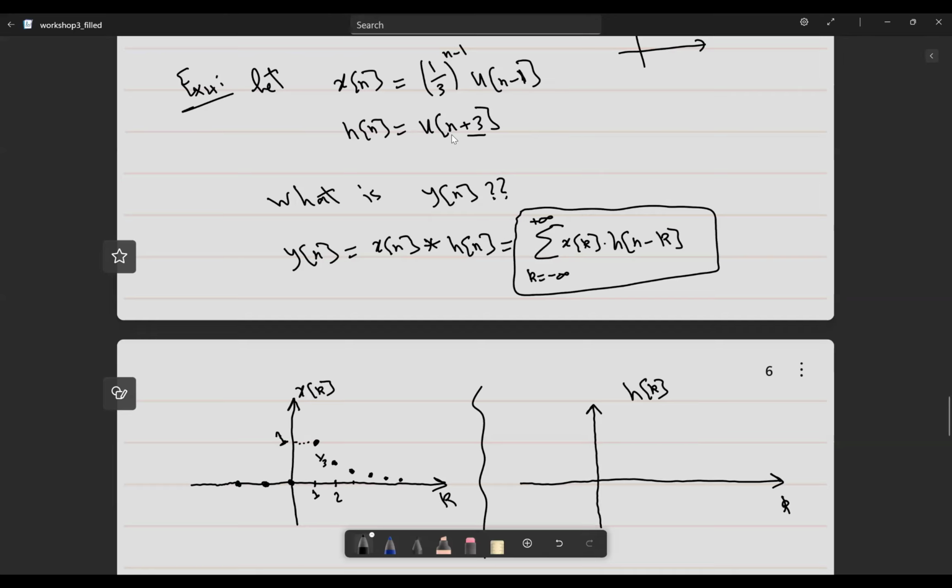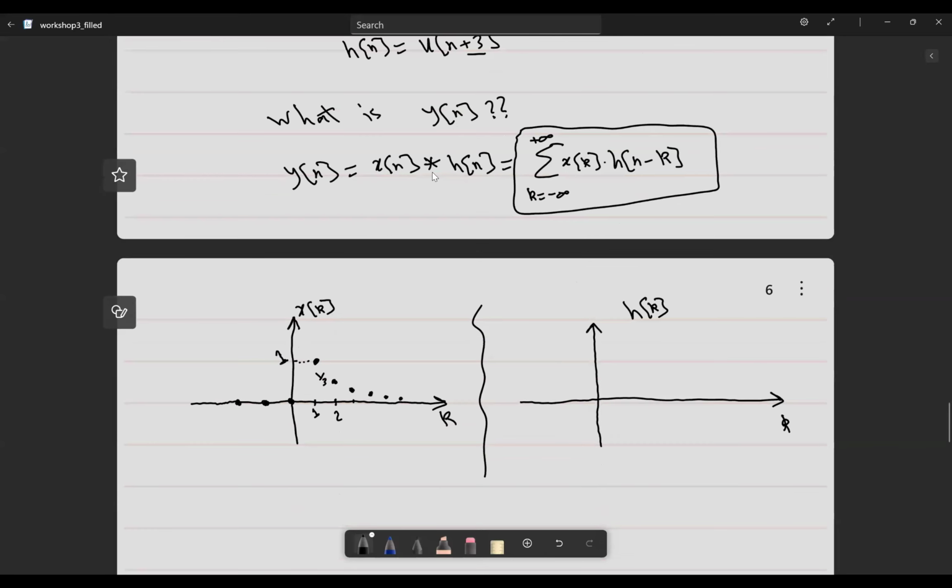We start from n equals -3. So -1, -2, here's -3. Before this it is all zeros, and after that we have ones.